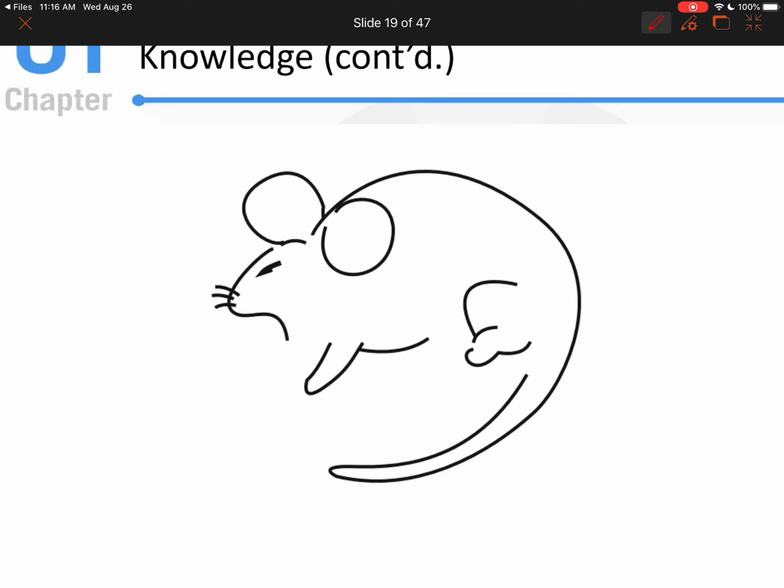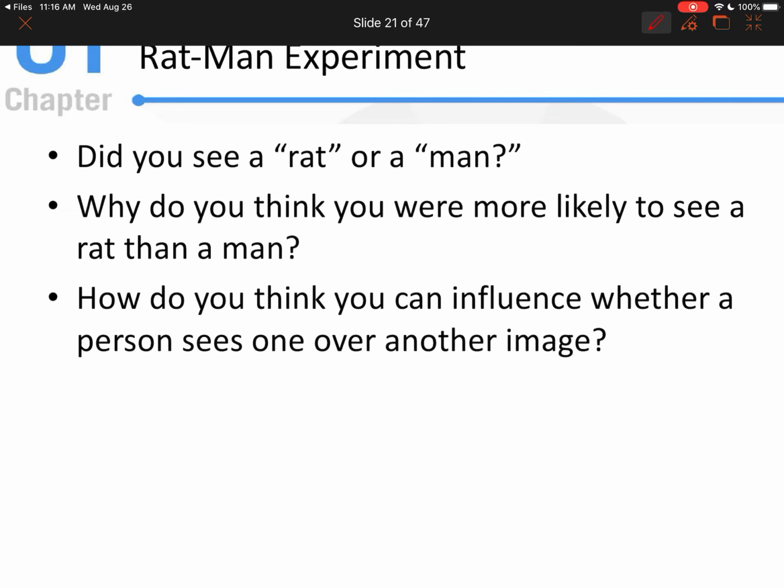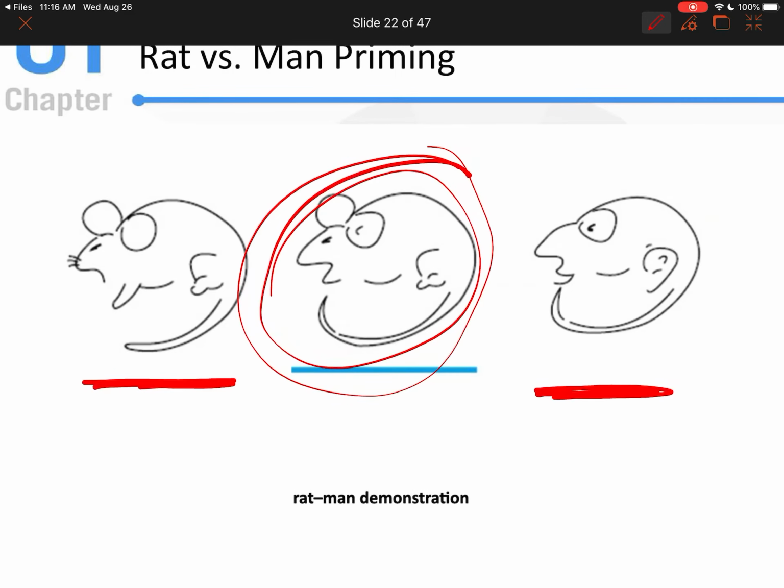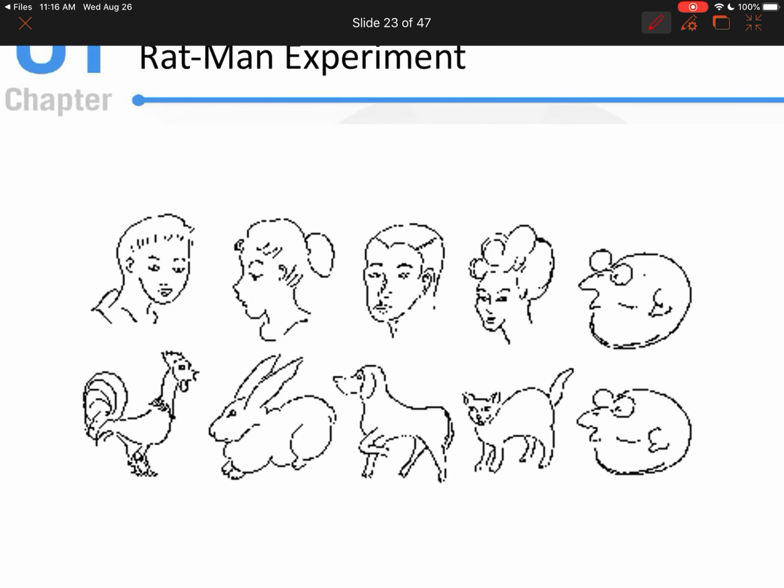Do you think you were primed with more rat-like features or were you primed with a picture with more man-like features, okay? So I'm going to have you guys write this up. In this experiment, when people are exposed to a certain kind of image, okay, it can predict the likelihood of what they perceive, all right?